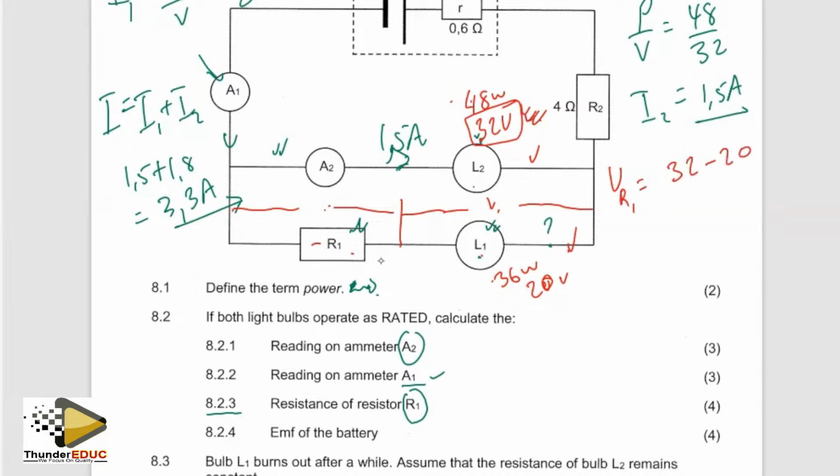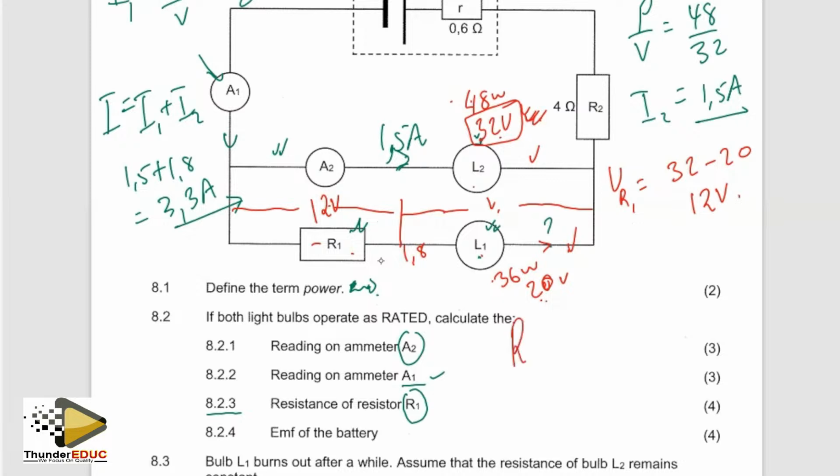If I add whatever I have to add to the 20, I must get the 32. So that's going to give me 12 V across R1, and the current passing here is 1.8.